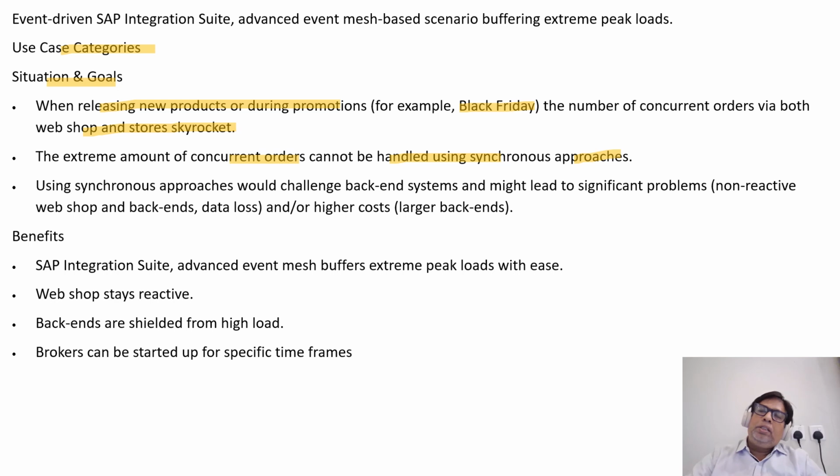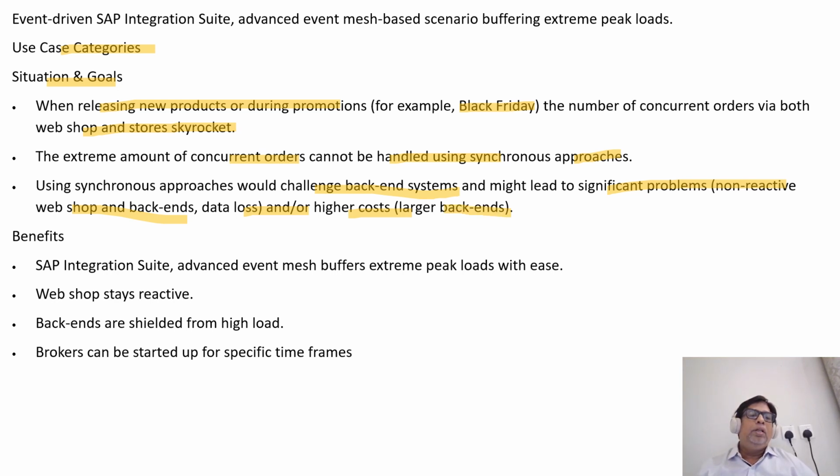Generally, it is a synchronous process, meaning two-way communication, in the case of ordering and receiving the invoice, etc. Using a synchronous approach, we challenge the backend systems. There might be significant problems of a non-reactive web shop. So sometimes the synchronous call may not be responded to, or the response may not be received, so a deadlock will happen.